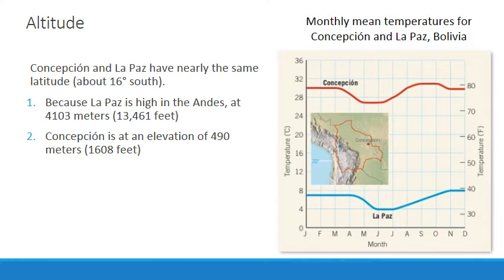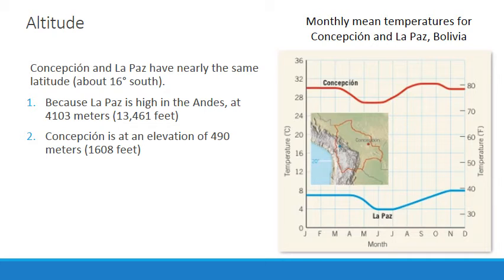Remember that temperatures decrease with an increase in altitude in the troposphere, and as a result, some mountaintops are snow-covered year-round. This can even occur in the tropics if the mountains are high enough. The two cities in Ecuador mentioned in this diagram demonstrate the influence of altitude on mean temperature.